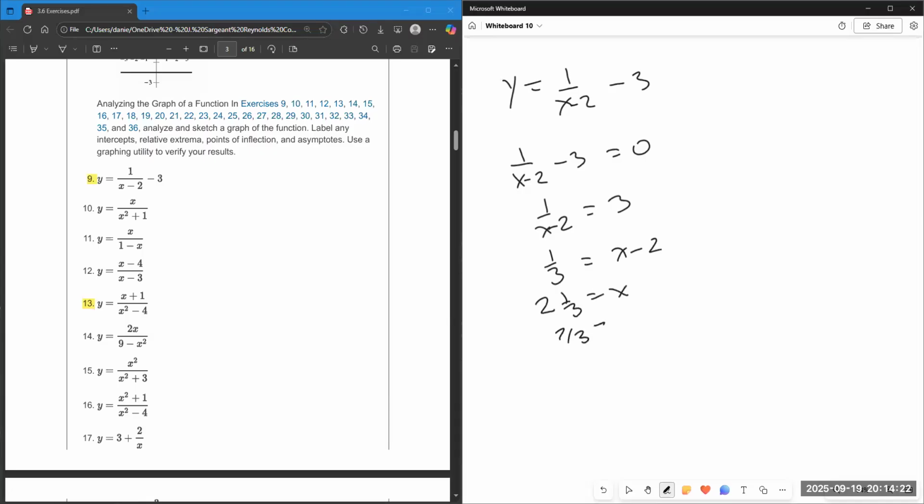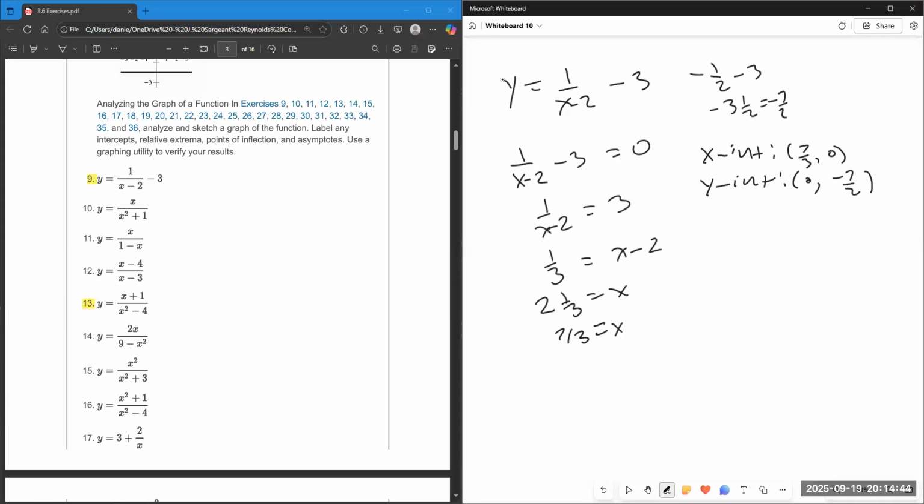That's 7/3 is x. For my x-intercept, we have (7/3, 0). My y-intercept is going to be (0, negative 1/2 minus 3), so negative 3.5, which is negative 7/2.